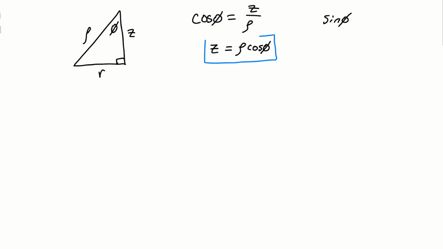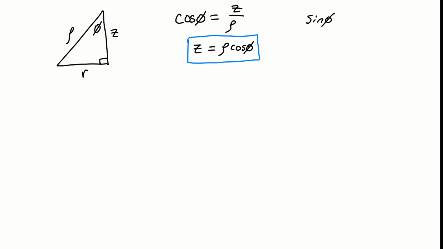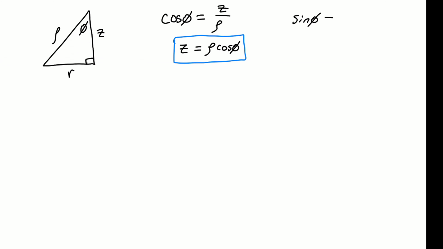So, done. Now what do we have with sine of phi? Well, again, SOHCAHTOA, this would be opposite over hypotenuse. So r over rho. Let's just go ahead and solve for r so that we have rho sine phi.